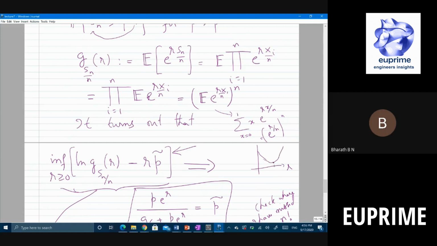The minima is this point. It's continuous and differentiable everywhere, and you take the derivative and equate it to 0. You'll get the global minima because it is convex. So that's how you do it. If you don't get it, let me know, I'll repeat it and do this exercise.